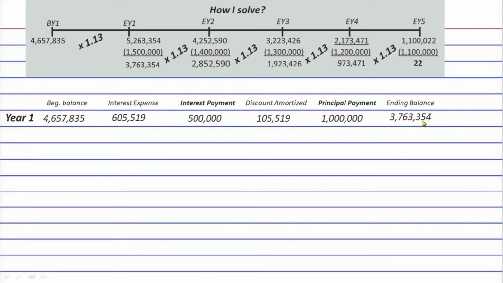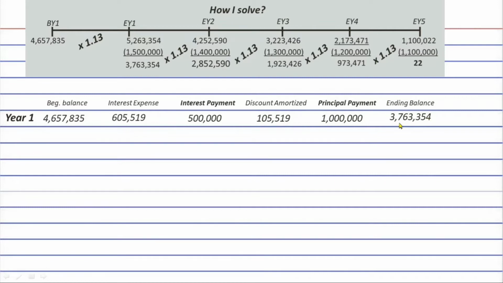That's option 1. Or you can have option 2, which is to add the discount amortized to the beginning balance and then deduct the principal payment, and you will still get 3,763,354.